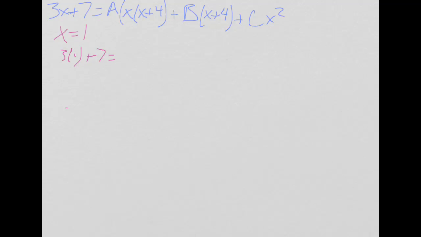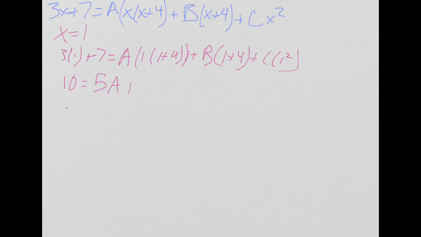So we were substituting 1 in here, so we got 3 times 1 plus 7 on the left equals a times 1 plus 4, close my parentheses, plus b times 1 plus 4 plus c times 1 squared. Simplify it out, we're going to get 10 on the left equals 1 plus 4 is 5 times a is 5a plus 5b plus 1 squared is 1, so we get c.